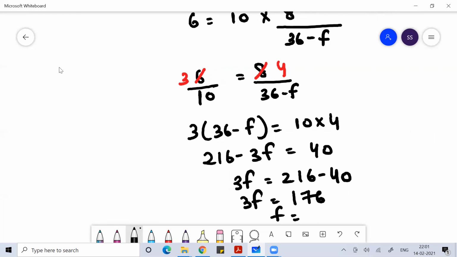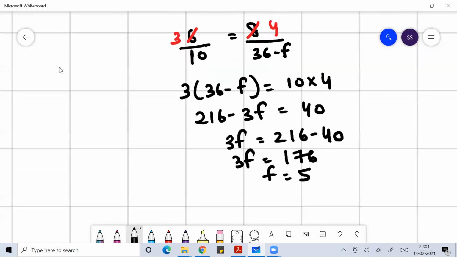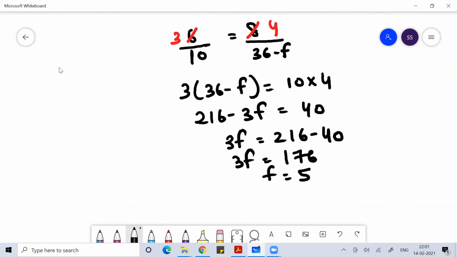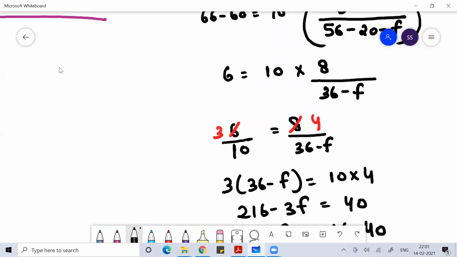So the value of f is 176 by 3, that is 58.67. So that is the value of f.